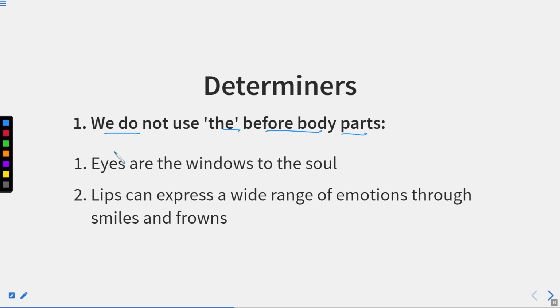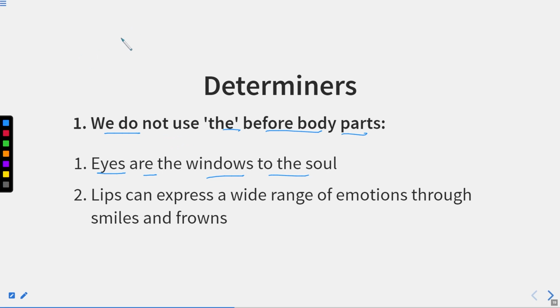For example, if I'm talking about eyes, what do the eyes do? Eyes are the windows to the soul. So here we are talking about eyes. This is general. We are basically defining eyes. We cannot use the before it. I cannot say the eyes. No, eyes.